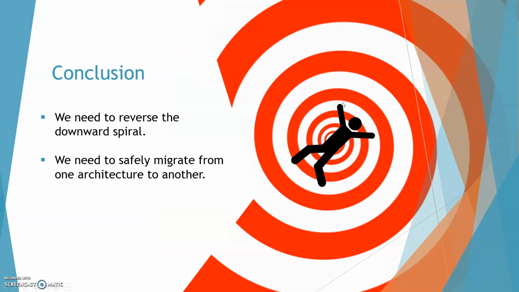So in conclusion, we need to safely migrate from one architecture to another. We talked about the strangler method for that. We have to reverse the downward spiral, which would be building these monolithic applications and just continuing to let them grow and morph even as our business grows.